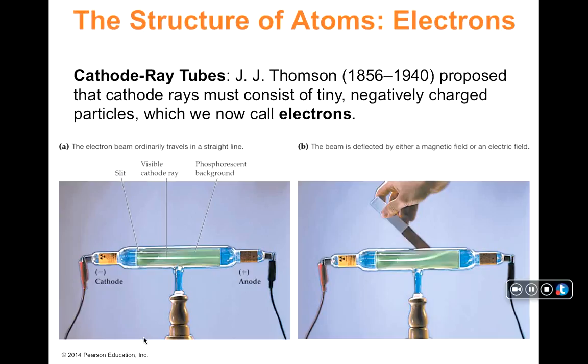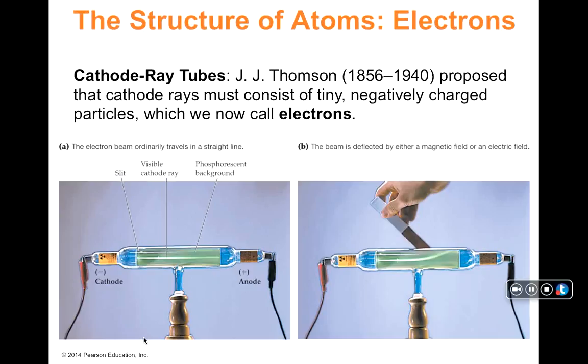You can see that there's an anode, a positive end, and a cathode, the negative end. And you can pass those electrons through. You can actually see them as that sort of white-looking beam going through. And what he found is that if you apply a magnetic field, in this case just holding the magnet up to that tube, that the beam is deflected.